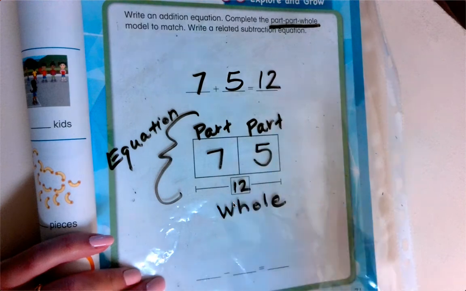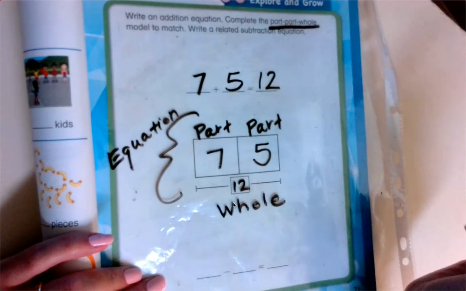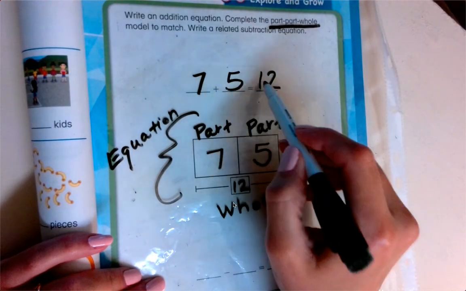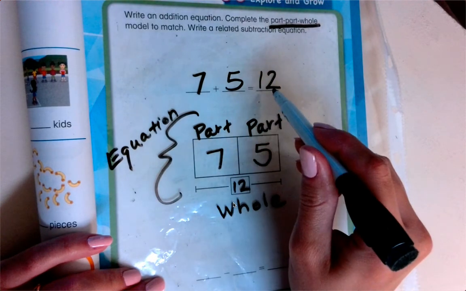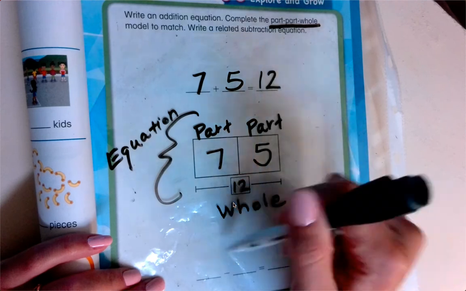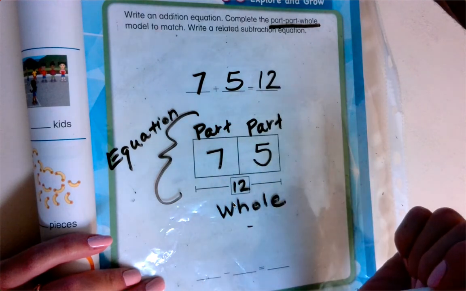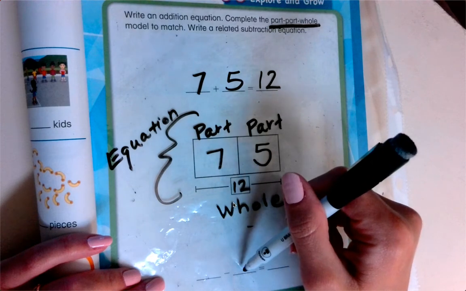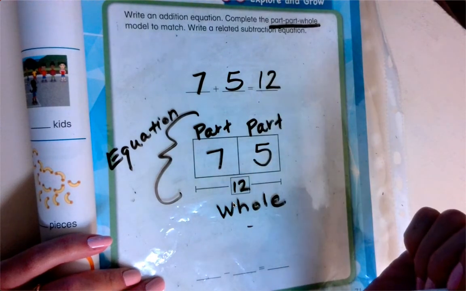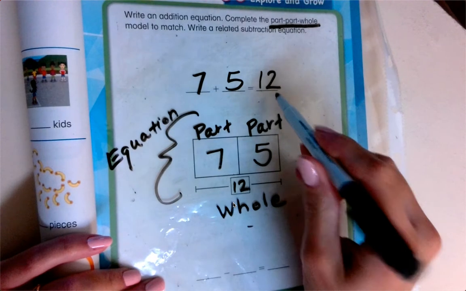Do you remember last lesson we talked about fact families? All three numbers have to be included, even down here too. So what could I take here and subtract something from to get the other? Well, this big number I could probably start with.